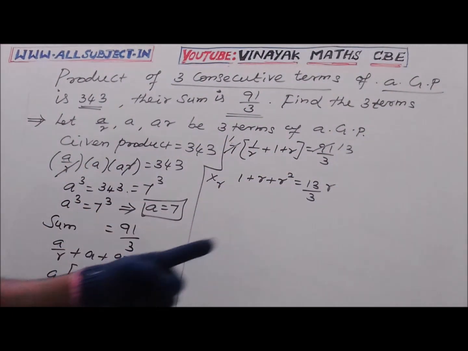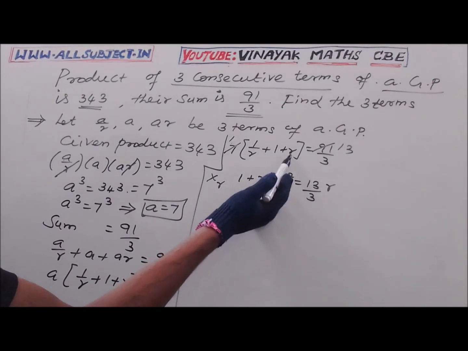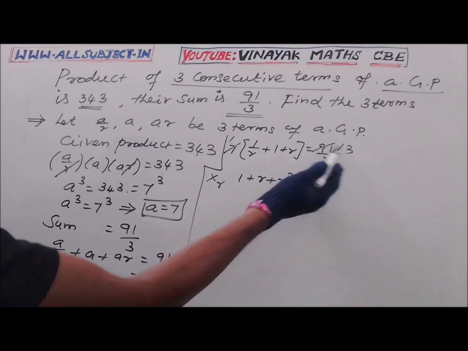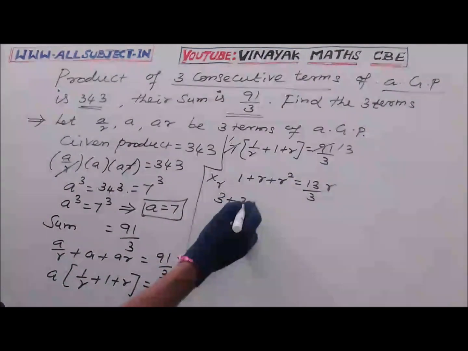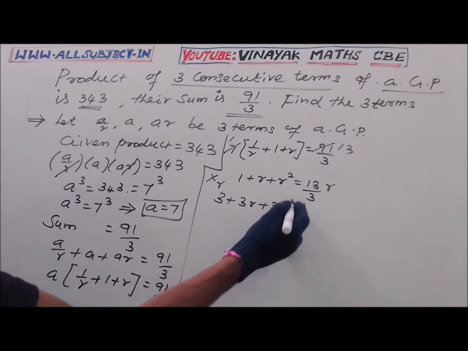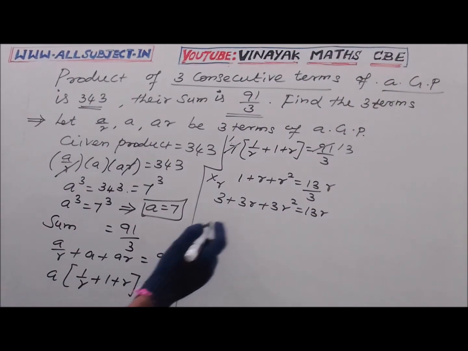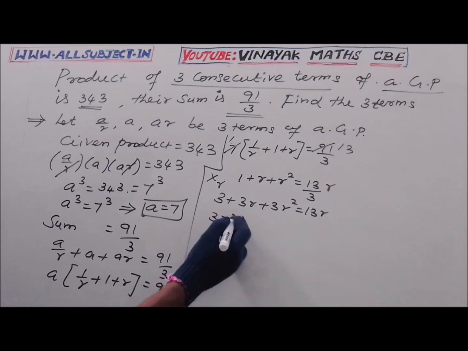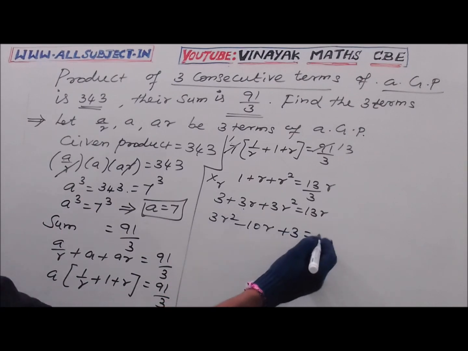Now multiply it by R on both sides: 1 plus R square equal to 13 by 3 into R. Now cross multiply: 3 plus 3R square equal to 13R. Now grouping on one side, forming a quadratic equation, 3R square minus 13R plus 3 equal to 0.